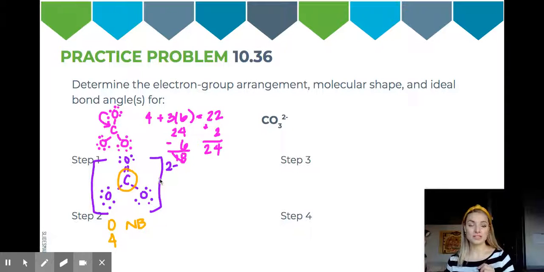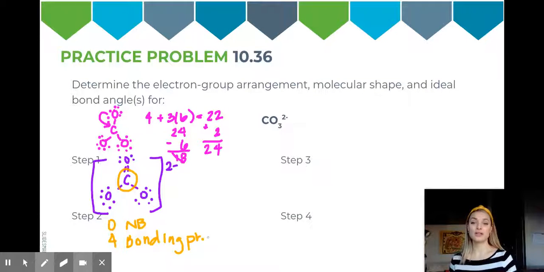However, this is where I'm going to make a note of bonding pairs. As we have these 2 isolated electron groups, this is where the distinction between bonding pair and electron group is very, very important.